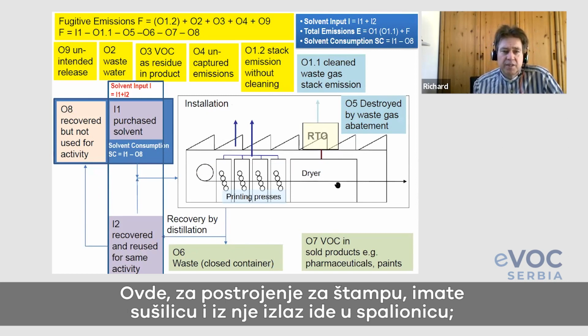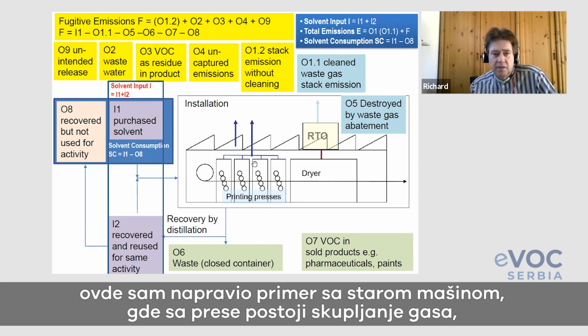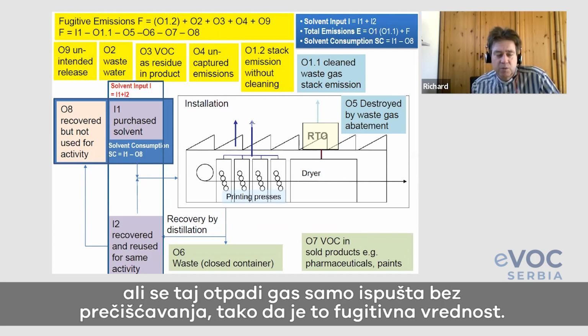Here for the printing installation, you see again, you have the dryer, you feed to the RTO. Here I made an example with an old printing press, where the printing brushes are collected, but VOC waste gas is discharged without any cleaning. So that is a fugitive value.